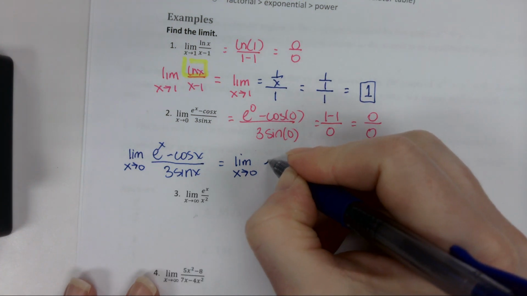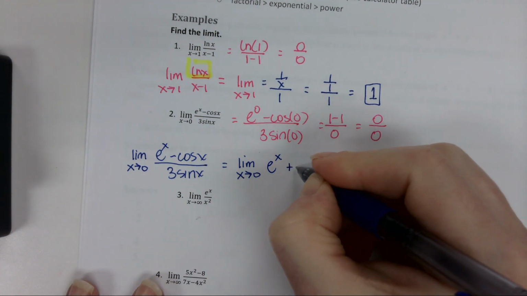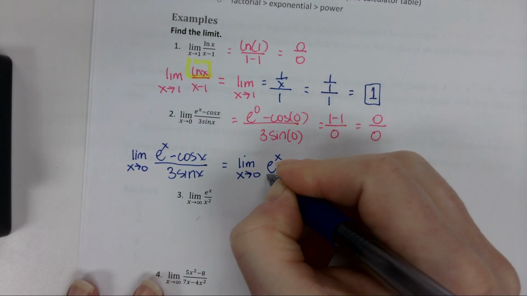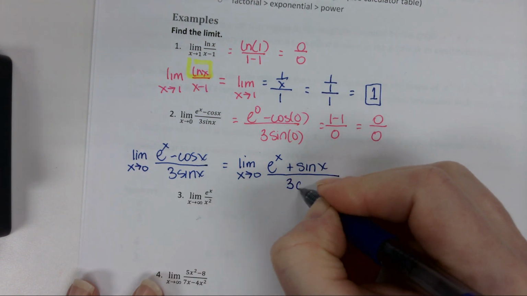E to the x. The derivative of negative cosine would be plus sine of x. And the derivative of 3 sine of x is 3 cosine of x.